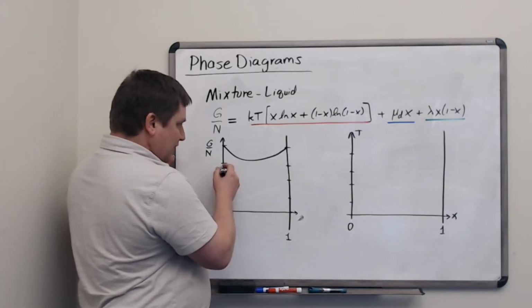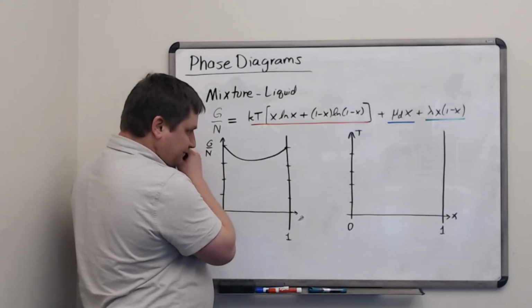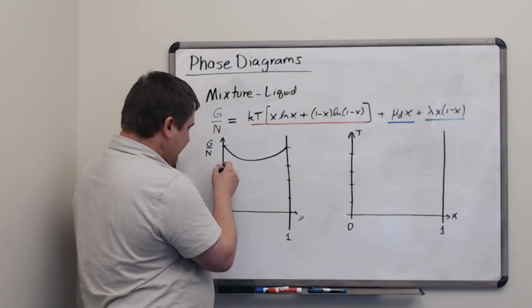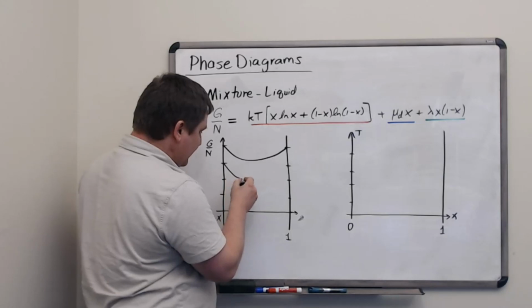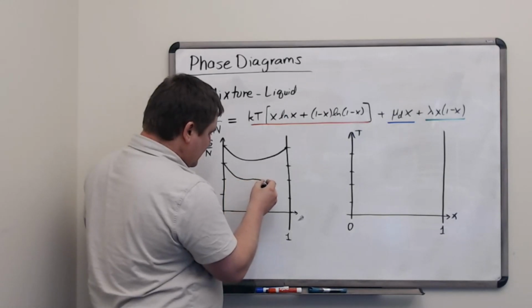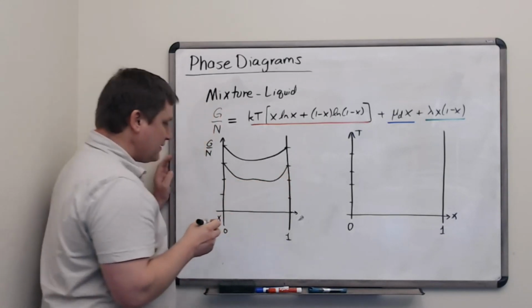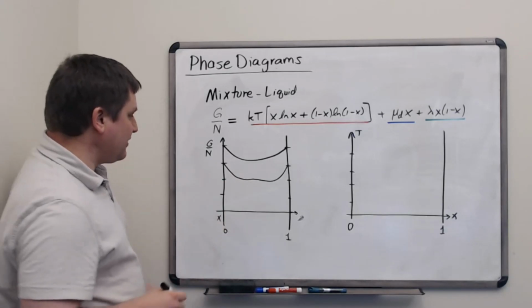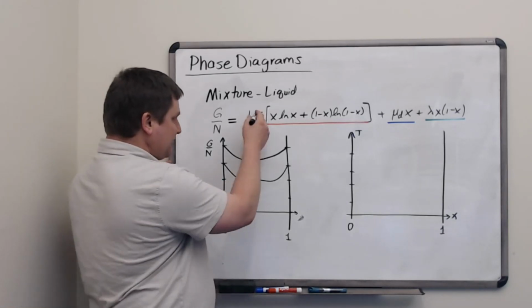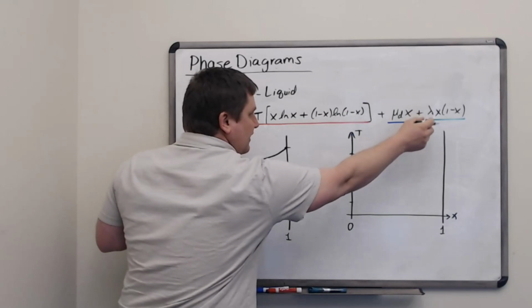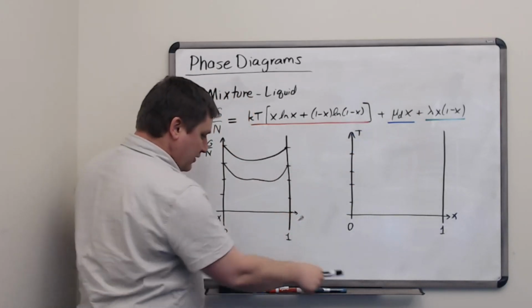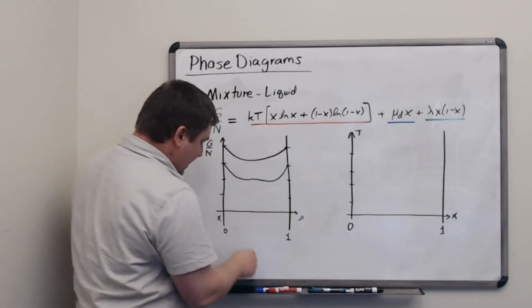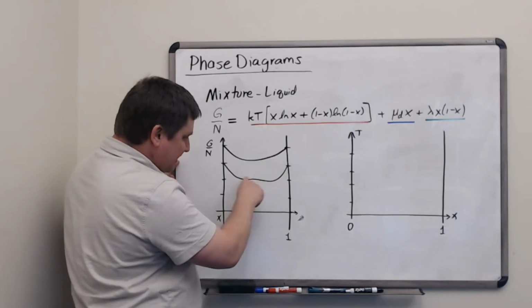Let's go down to a little bit lower temperature level. Let's say here we just barely begin to have this divot appear in the middle. So the temperature is lower now. This interaction term in green is more important. And so at this point we have a bit of concavity here.